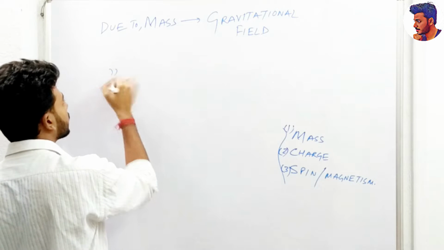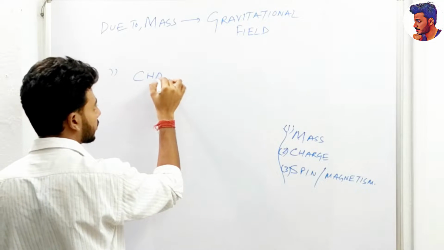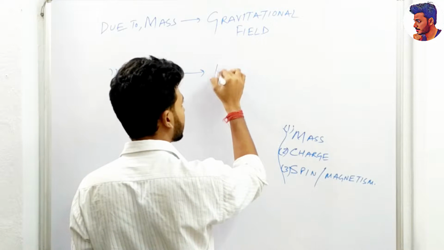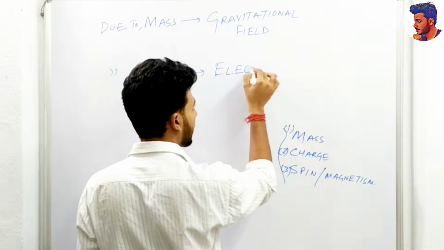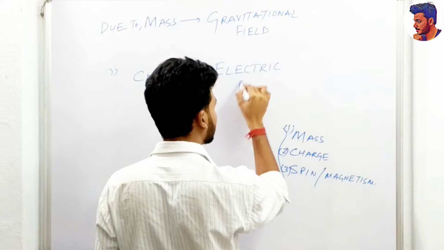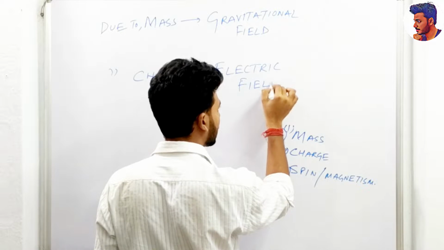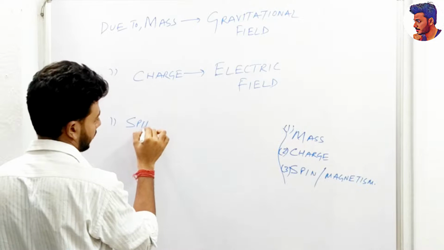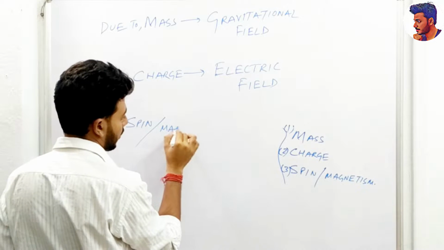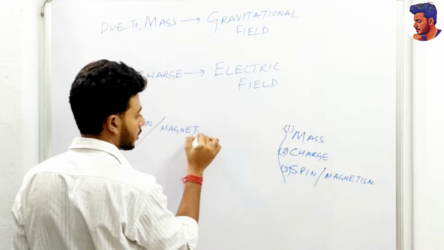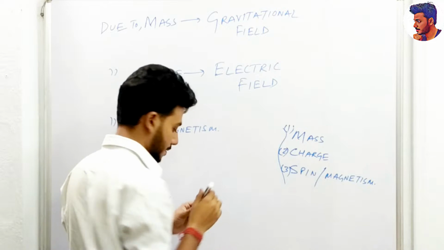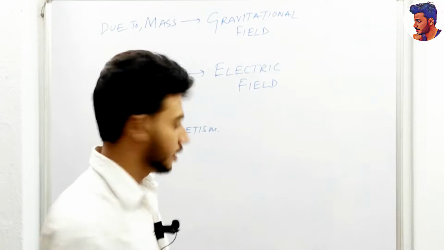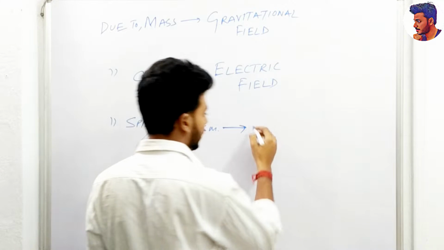And due to the charge, the field is known as the electric field. And due to the spin or magnetism, the field is known as the magnetic field.